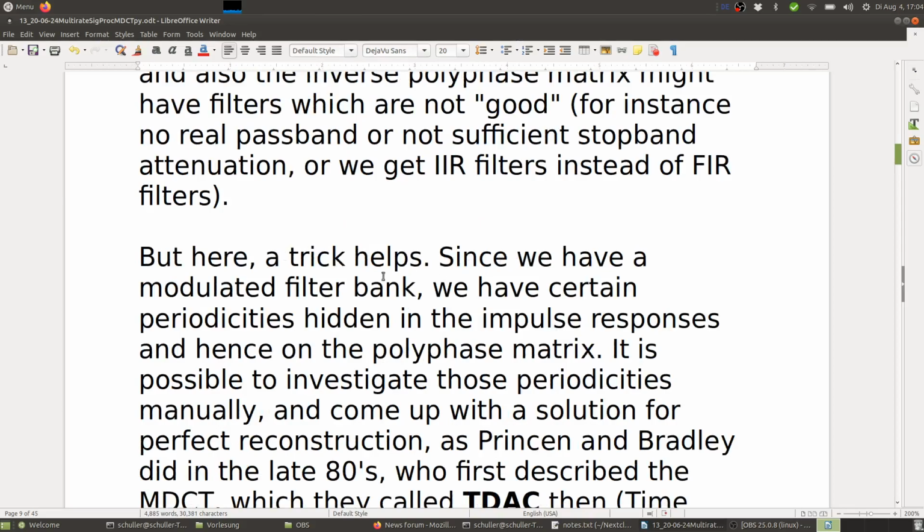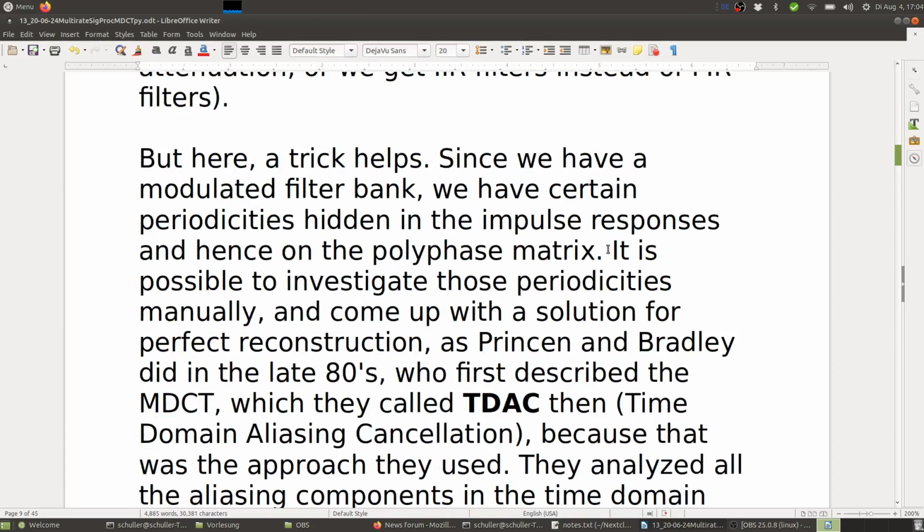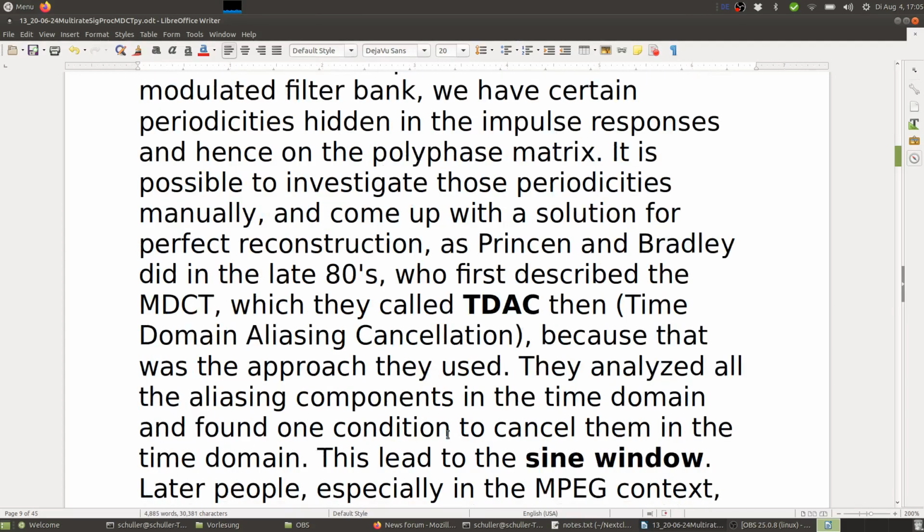Since we have a modulated filter bank, we have certain periodicities hidden in the impulse responses and hence in the polyphase matrix. It is possible to investigate those periodicities manually and come up with a solution for perfect reconstruction, as Princen and Bradley did in the late 80s, who first described the MDCT, which they called TDAC, then time domain aliasing cancellation, because that was the approach they used.